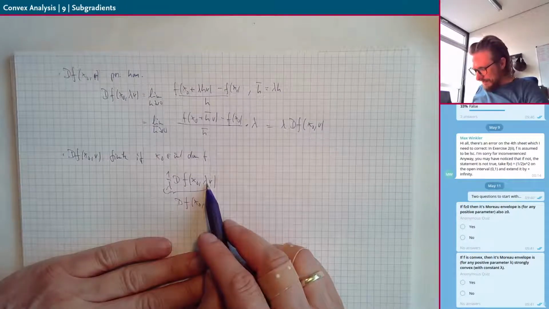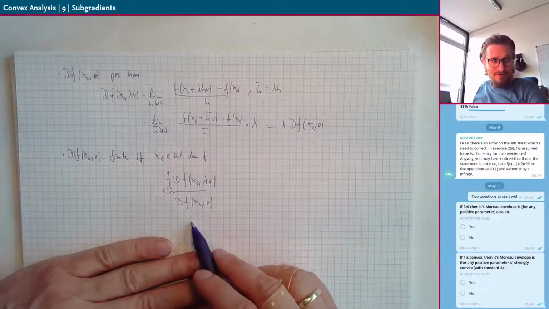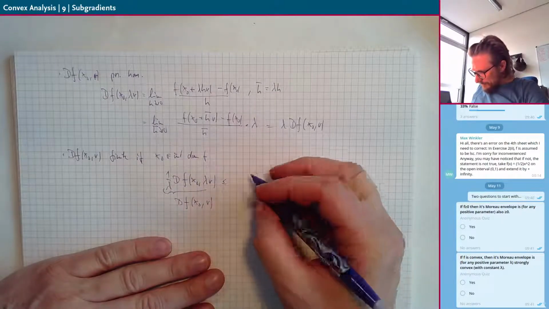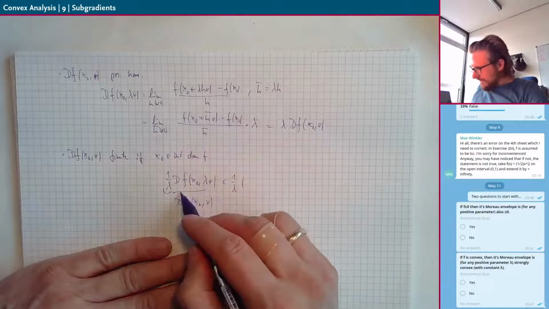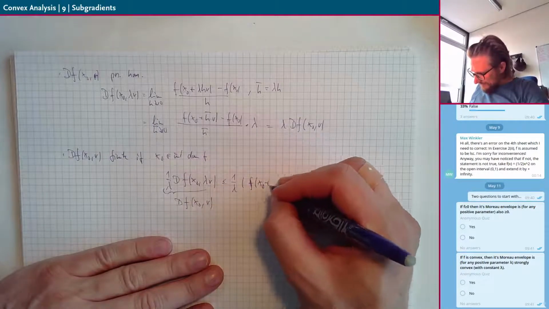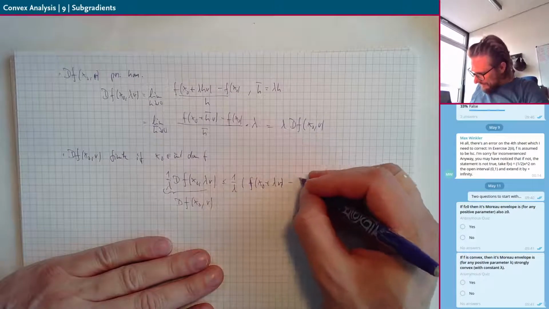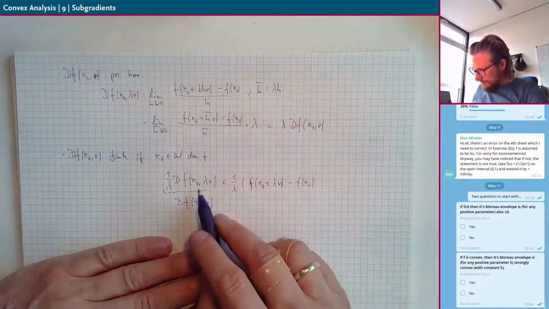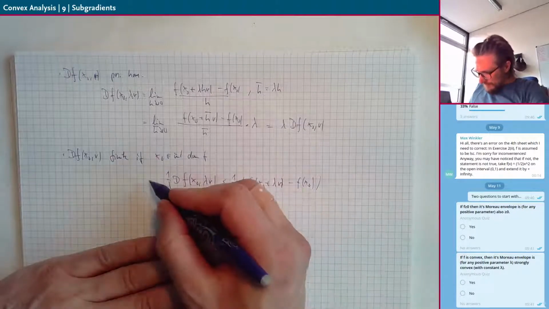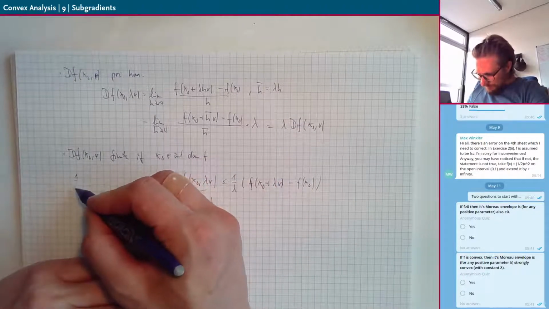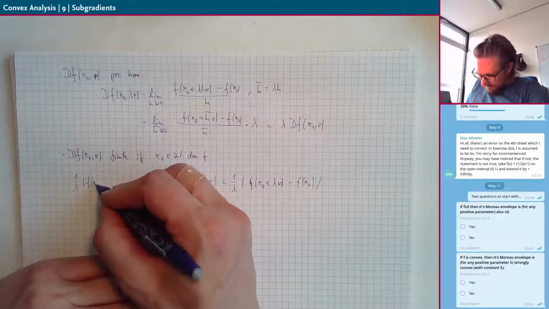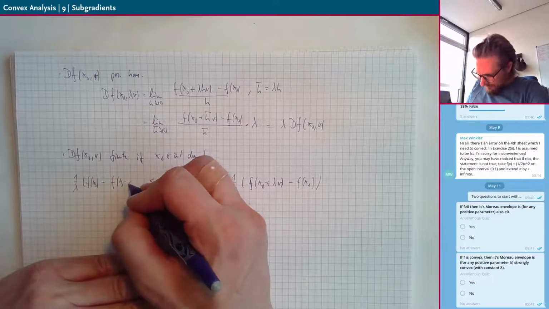If you scale up by lambda here and scale down by lambda over there, it stays the same. But for this guy we have an upper bound, so we first copy the 1 over lambda, and for this guy we have this upper bound that it's f of x0 plus lambda v minus f of x0. So we use the upper bound with h equals 1, but now we have a lambda here, so this is a lambda over there. And lower bound is the same, 1 minus lambda, then it's the same but the opposite, f of x0 minus f of x0 minus lambda v.